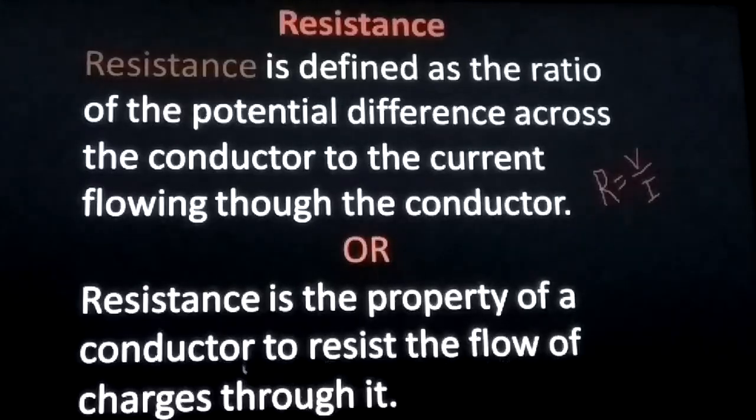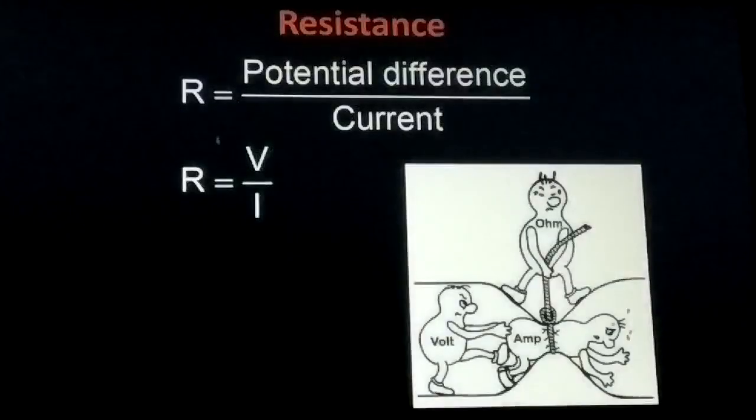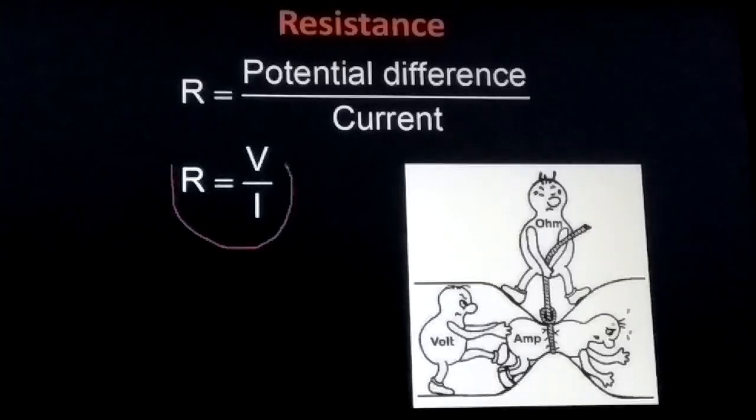That means it avoids the electrons flowing through the conductor. That is called resistance. Now students, what you have seen in the previous definition: resistance R equals potential difference by current. Symbolically R equals V by I.